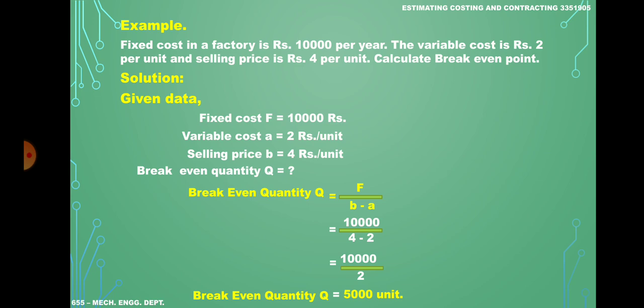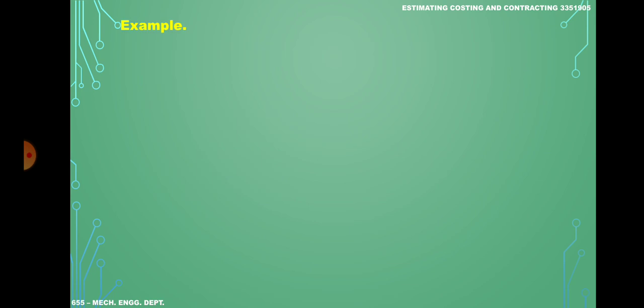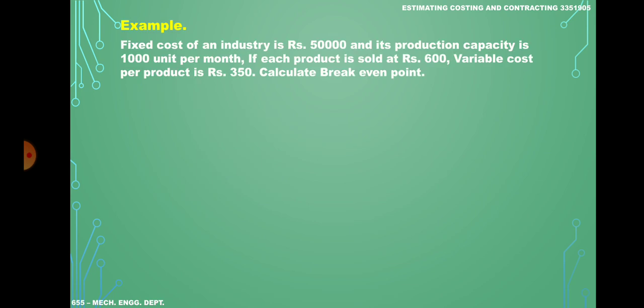Okay, let's take another example. Fixed cost of an industry is rupees 50,000 and its production capacity is 1,000 units per month. If each product is sold at rupees 600, variable cost per product is rupees 350. Calculate the break-even point.